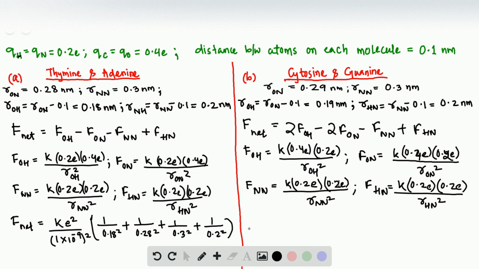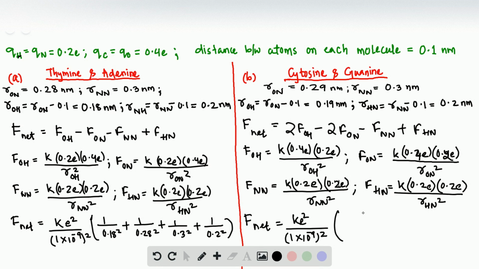So we can take K e square common from the whole thing. So we have K e square over, this comes from converting the nanometers into meters in the distance.